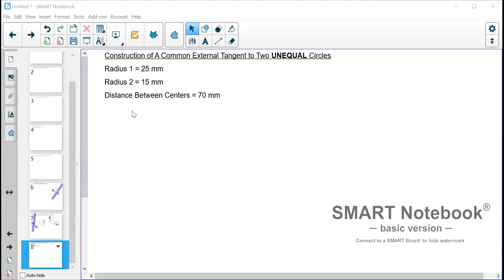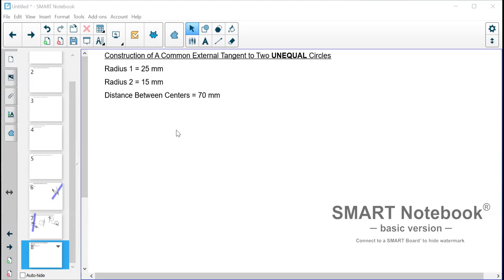Hello students. In this video, I will take you through the steps in how to construct a common external tangent to two unequal circles. This simply means that we will be constructing a straight line that will touch two unequal circles externally.